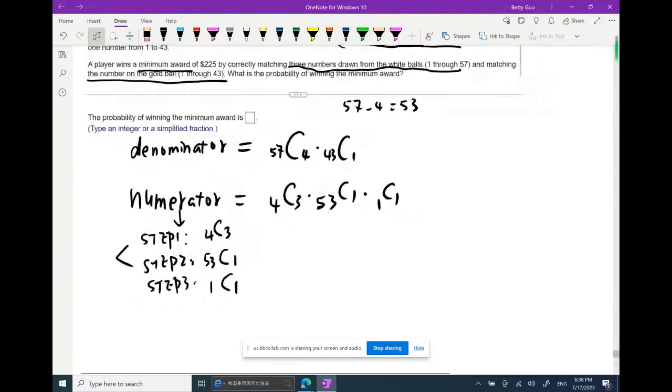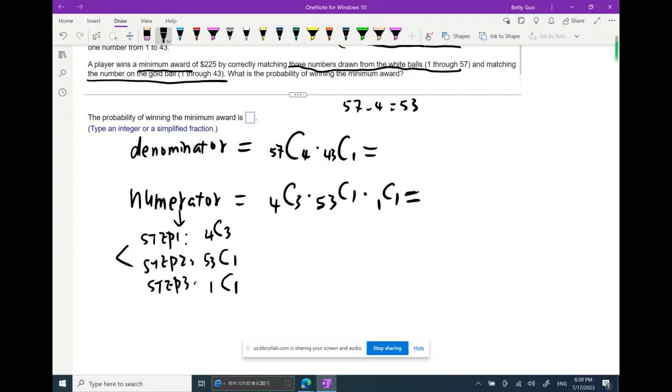Let me compute the value for the numerator and denominator, and then put it in a fraction. The denominator is going to be a large number. 57, math, probability, nCr, 4. Very large number. And then multiply that by 43.